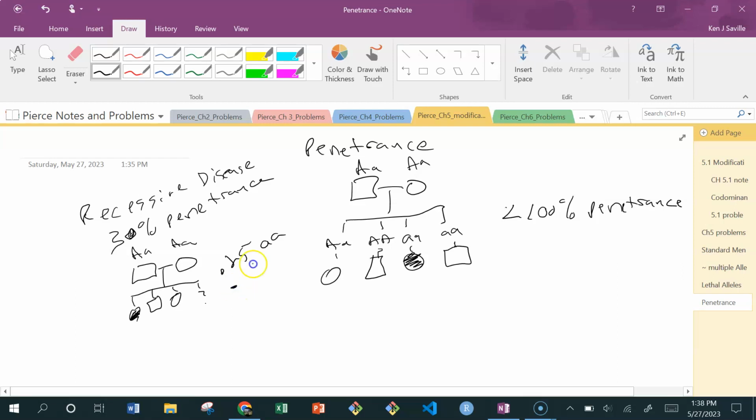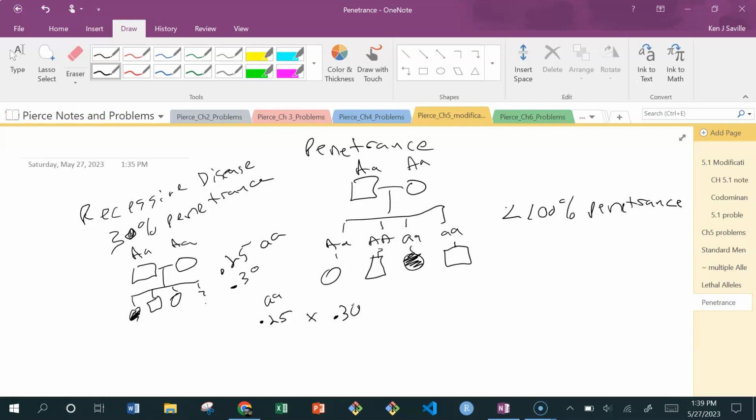The probability of getting the disease is 30%. So the way we would figure this out is 0.25, the probability of getting the genotype, multiplied by, if you get the genotype, the probability of getting the disease is 0.30, because 0.30 is the same as 30%.